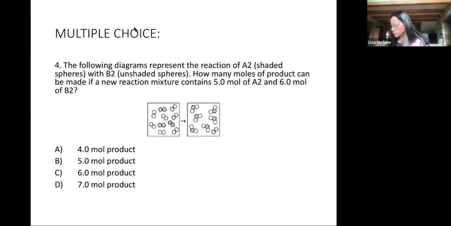Another particle picture. They give you a scenario and then ask for a brand new scenario. See if you can try to use that RICE table on this one. That seems to make these particle pictures really accessible.